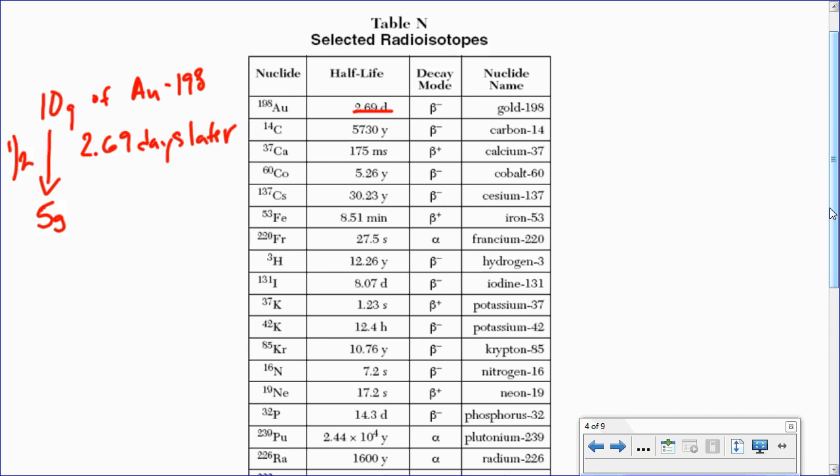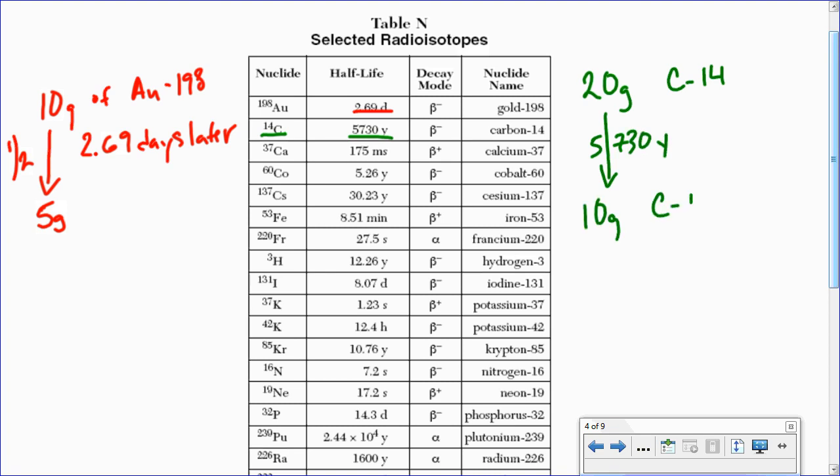So gold, 2.69 days. Carbon-14, on the other hand, 5,730 years. So if I had 20 grams of carbon-14, and 5,730 years go by, then I'll only have 10 grams of carbon-14.